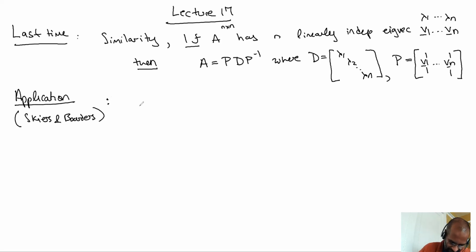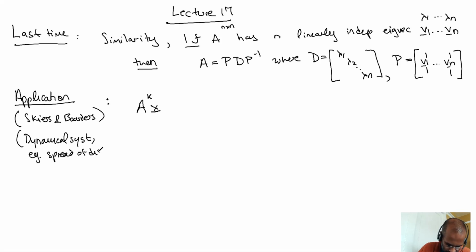The application was that you can model many interesting processes as taking some vector x and then multiplying it by a large power of a matrix. So this is an example of a dynamical system. And people actually use these things to model things like the spread of diseases. But this is obviously a simplified example.